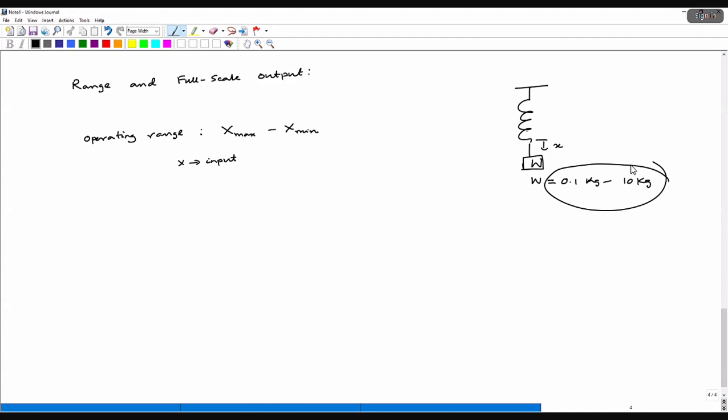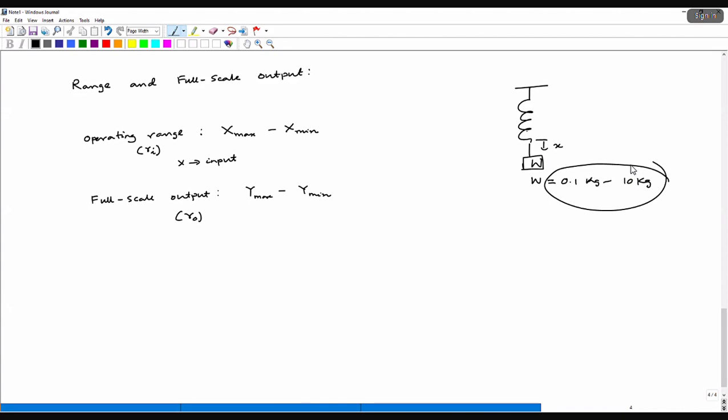Similarly, the full scale output of course refers to the output. Let's say you refer to the input range as Ri, where I stands for input and R is range. Similarly, full scale output is the range of the output, and this can be Y max minus Y min.